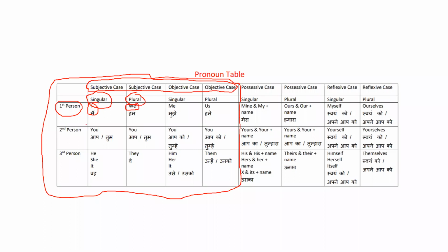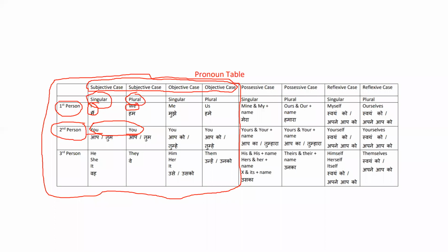Then let's talk about the second person. To whom we speak, means who is our listener, if we need to write any pronoun for them, then those pronouns are called second person pronouns. So you is a second person pronoun, and it is singular also and plural also.